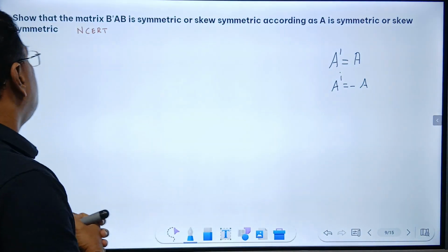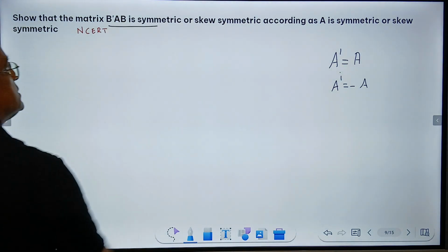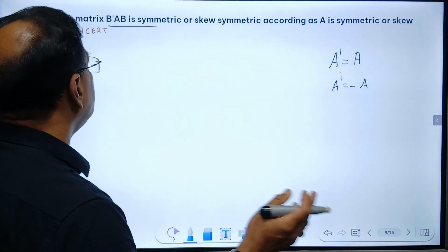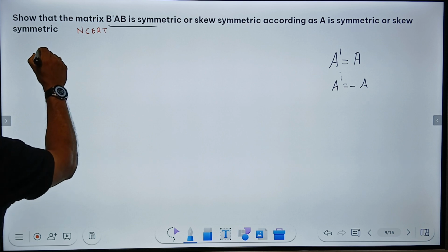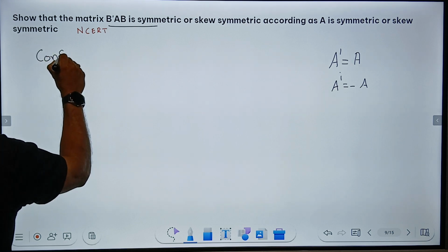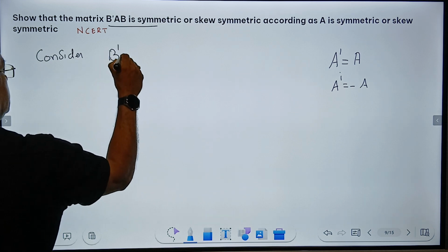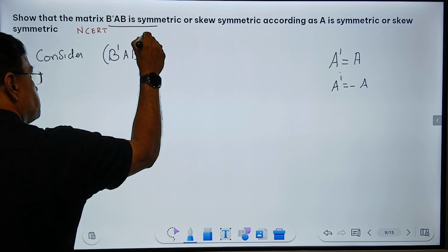Okay? Now, show that the matrix B transpose A B is symmetric or skew symmetric according as whether A is symmetric or skew symmetric. So what I have to do is I will consider B transpose A B, and I will try to take whole transpose of this.